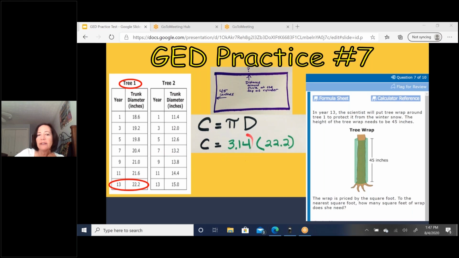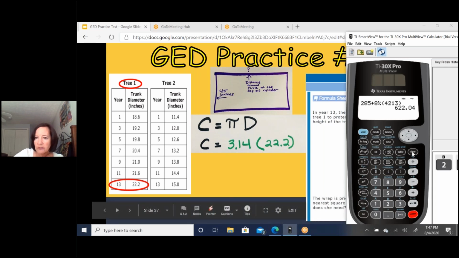So they told us that we're going to substitute the value of 3.14 for pi, and the diameter in year 13 is 22.2. So I'm going to write out my equation just like this. I've done my substitution. So now let's put it into our calculator. Clear all that out.